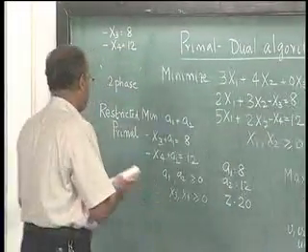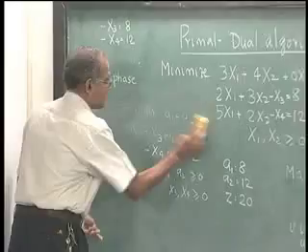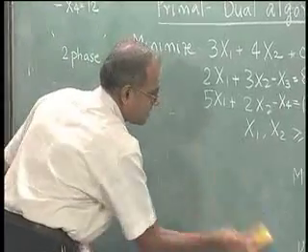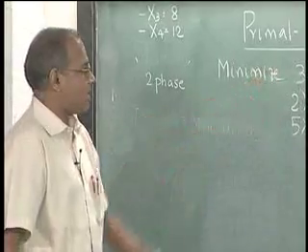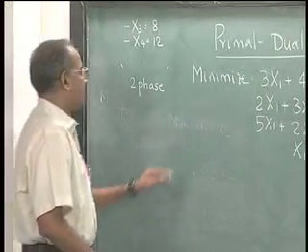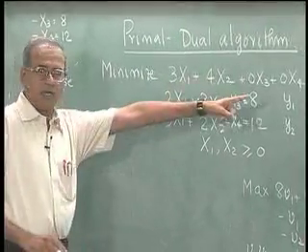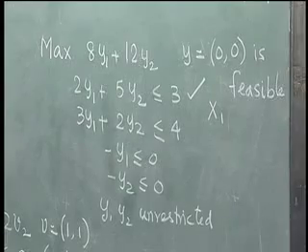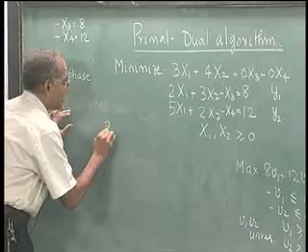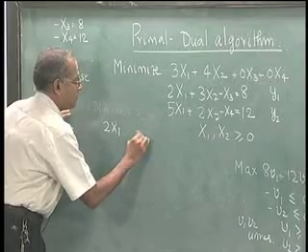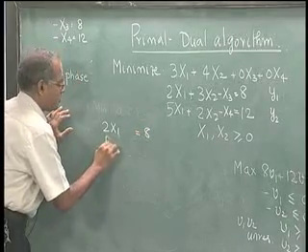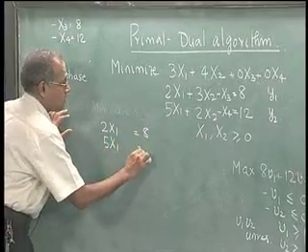Now the basis is different, so we have to write the restricted primal. So the restricted primal becomes only variable x1 is there. So what we are trying to do is x1 alone is in the basis. So we are trying to solve here 2x1 is equal to 8, 5x1 is equal to 12.